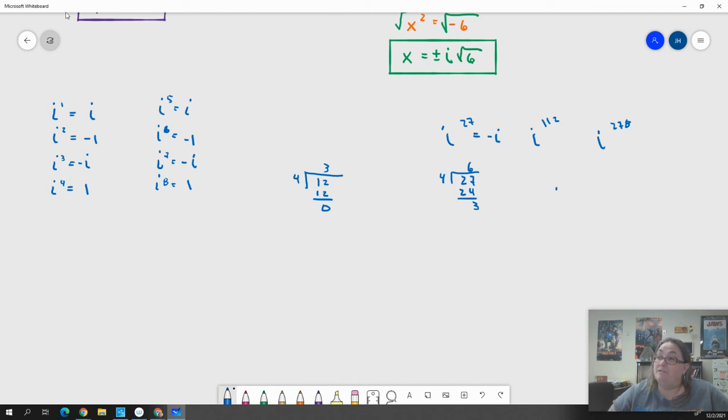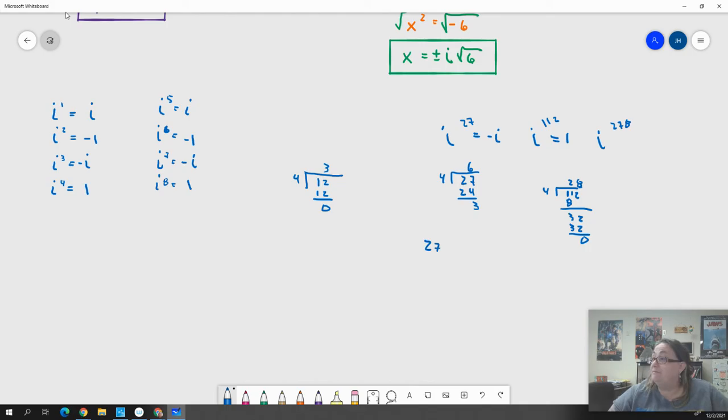If I do 112 divided by 4, 4 goes into 11 2 times, which gives me 8. That leaves 32. 4 goes into 32 8 times, which is 32. I have a 0 remainder, so this is going to be 1.